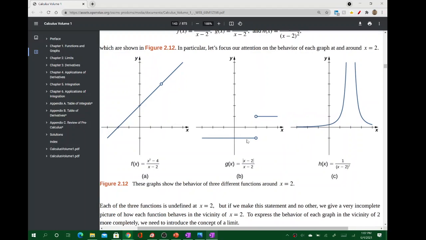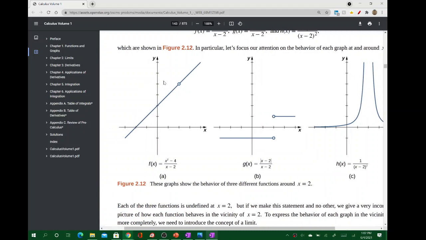basically it shows three very different behaviors. You see how over here, as x approaches 2, it goes over here to like -1. And then over here, as x approaches 2 from the right, it goes to 1. Over here, as x approaches 2 from the left, it would go to 4.